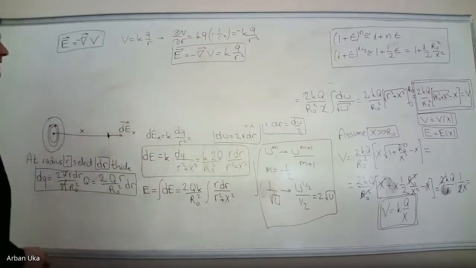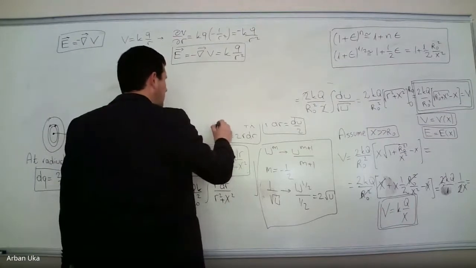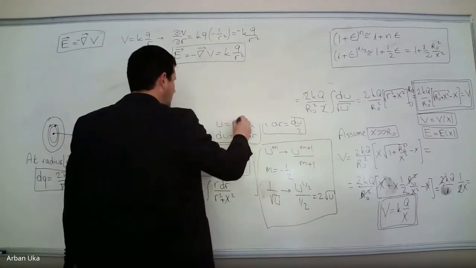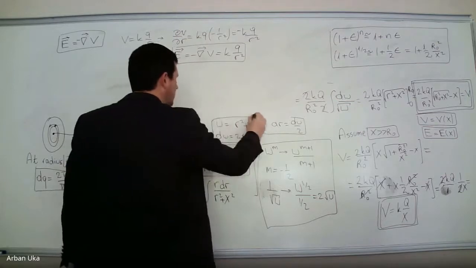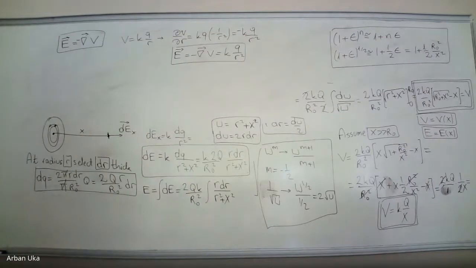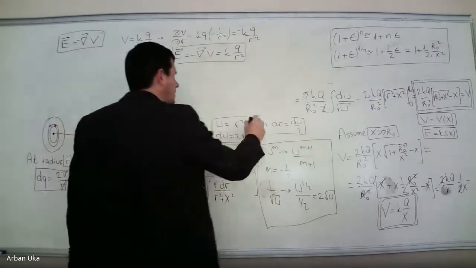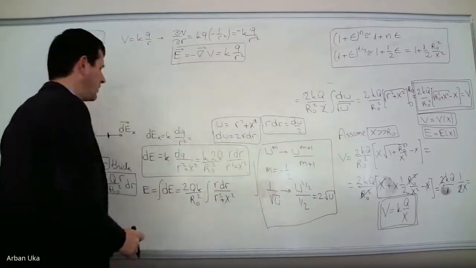Then probably we can use a similar change of variables. U is equal to r squared plus x squared. Sorry for erasing this one. And du would be equal to 2r dr. And this r dr will still be equal to du divided by 2.